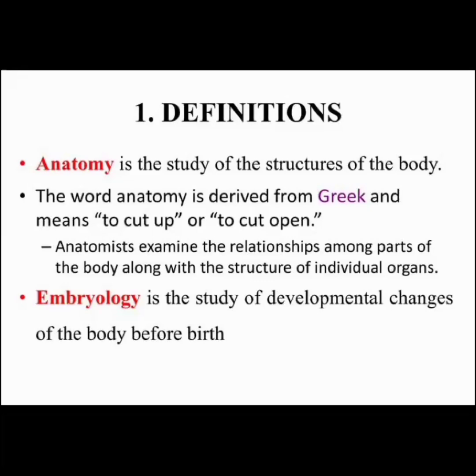Anatomists examine the relationships among parts of the body along with the structure of individual organs. Second definition is embryology. Embryology is the study of developmental changes of the body before birth. So this is the definition of human anatomy.